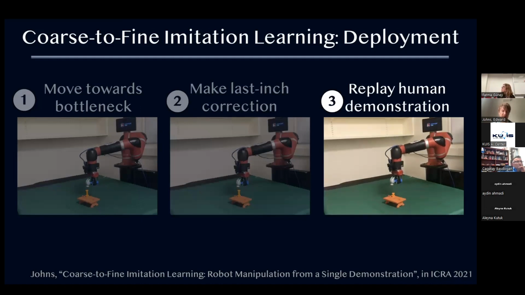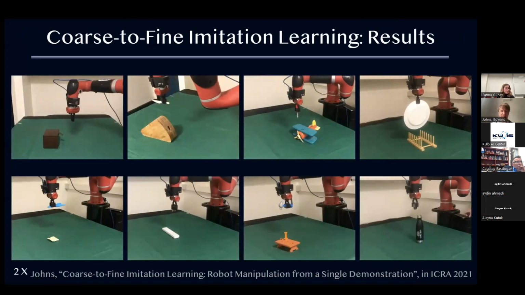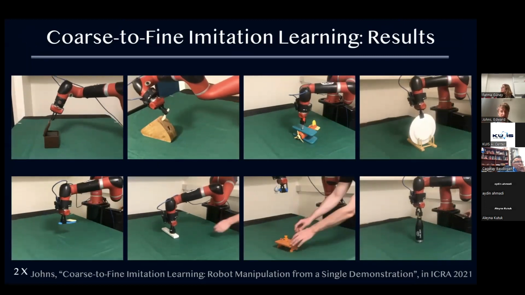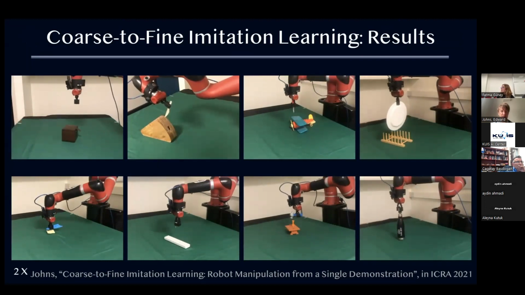So all of this is possible with only about 5 seconds of human interaction time, and the rest of the time is fully self-supervised. And then we can deploy that same algorithm across a range of different tasks. Each of these tasks here, we've shown a single human demonstration for about 5 seconds of human time.